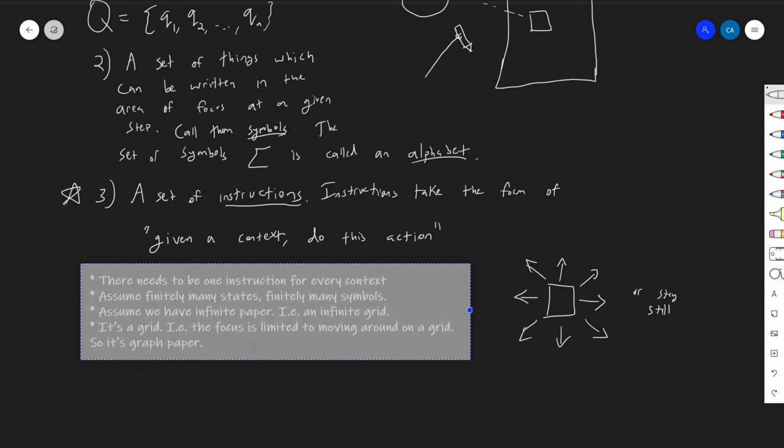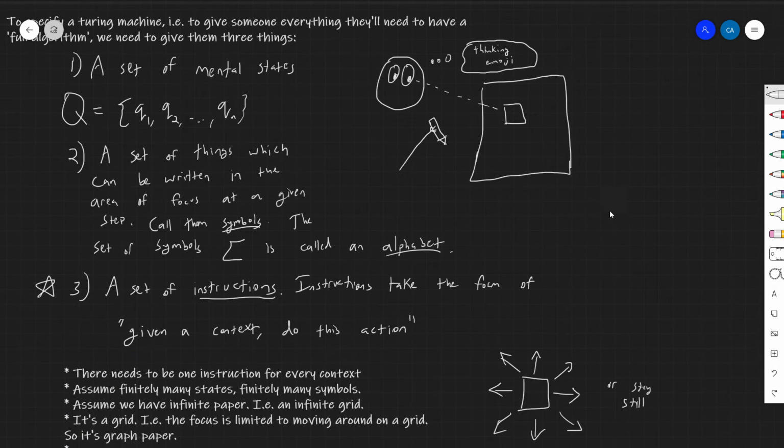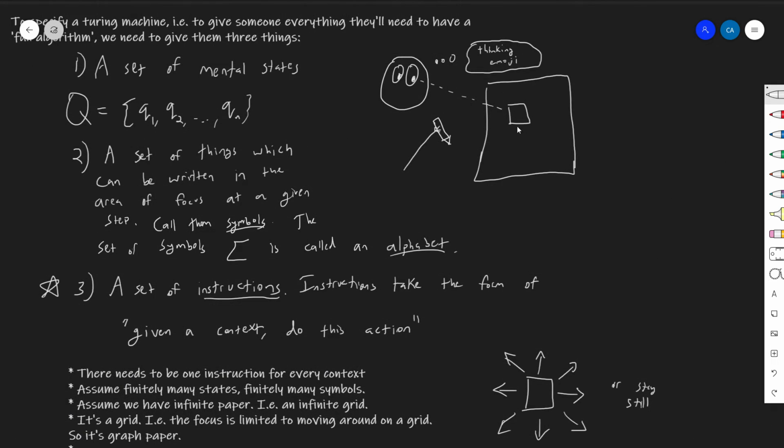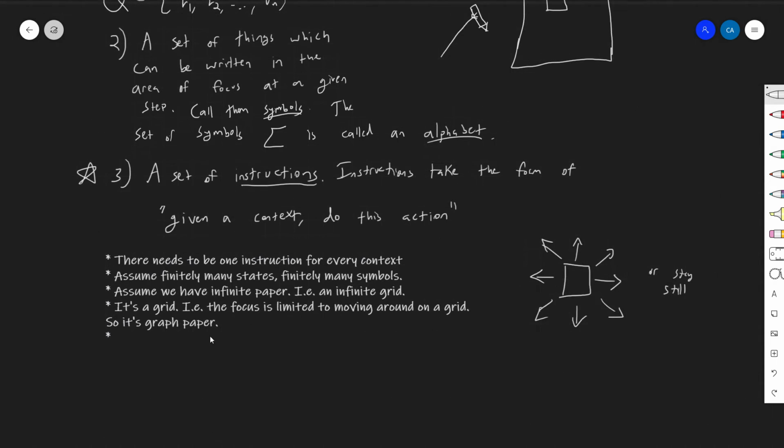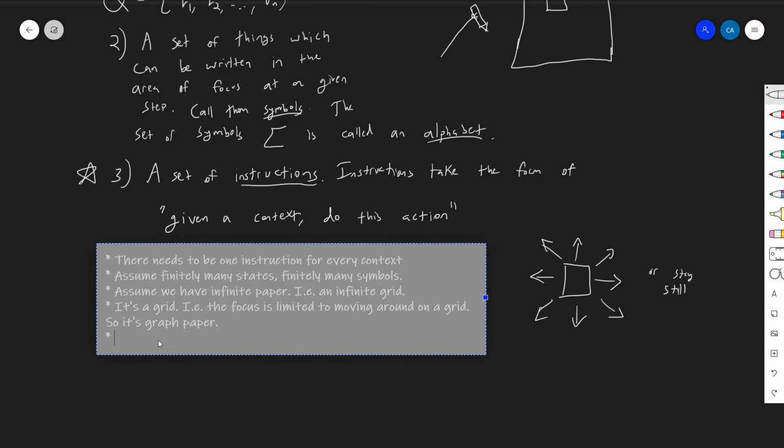And so with all of this assumed, another thing I should mention is that in order to have a set of instructions, I need to be able to say what my context is. And it's entirely possible that I'm looking at a blank space. So another point I need to make here is that it's possible to be looking at a blank space.